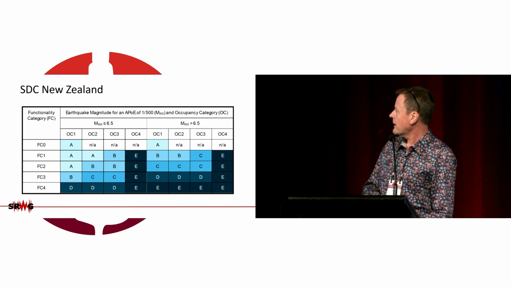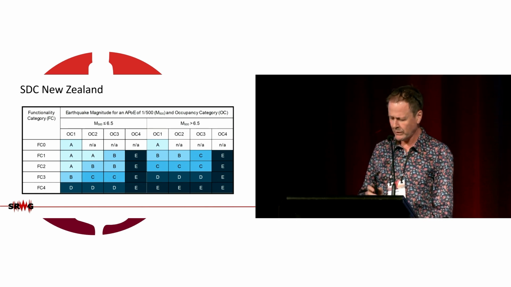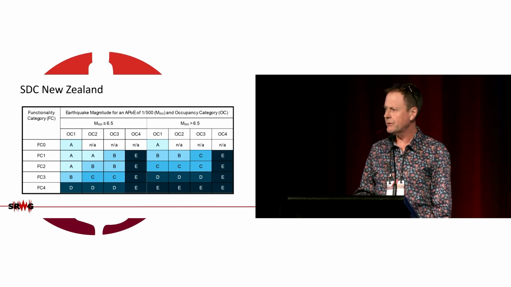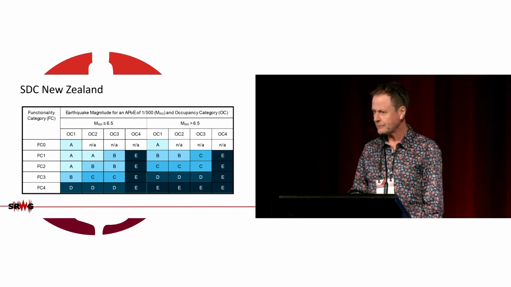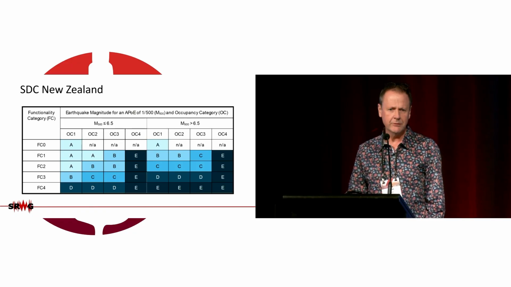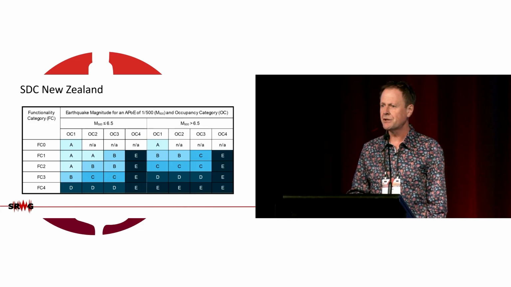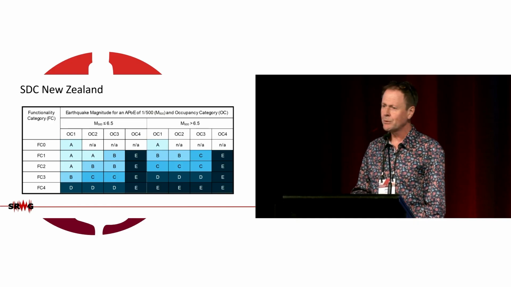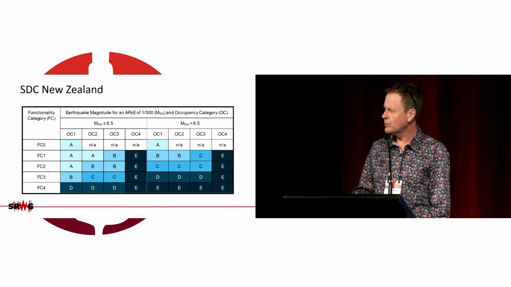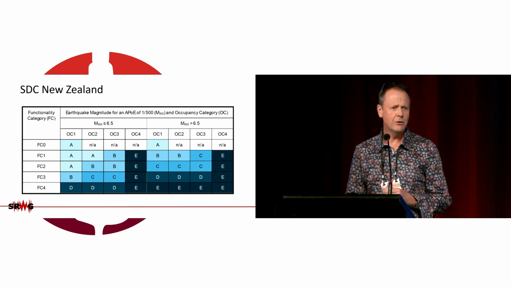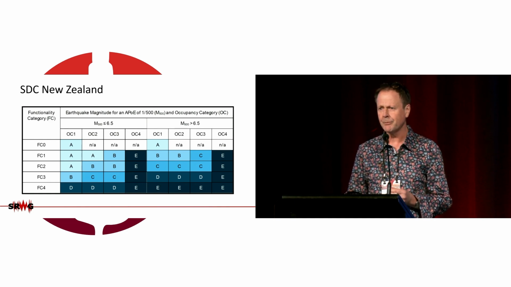You'll see there that we have a bit of a question mark about whether, I don't have a highlighter, whether it might be related to the governing magnitude, and I'll get to that in a minute, but ostensibly it looks very much like you'd expect with some sort of a heat map going from A, which is very much what we have at the moment for all buildings, up to something which is going to be presumably a little more restrictive when we talk about Class E. Now, there won't necessarily be that many classes when we publish this in the long run. There's still a bit of work to do on that.